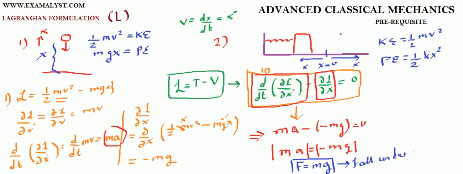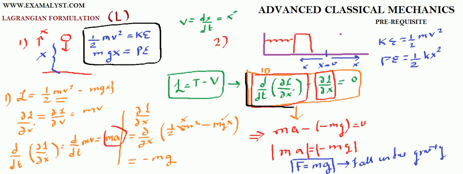It means that if you somehow know the energies of a system, both the kinetic and potential energies, then Lagrangian equation of motion will exactly tell you what are the forces acting on the system.